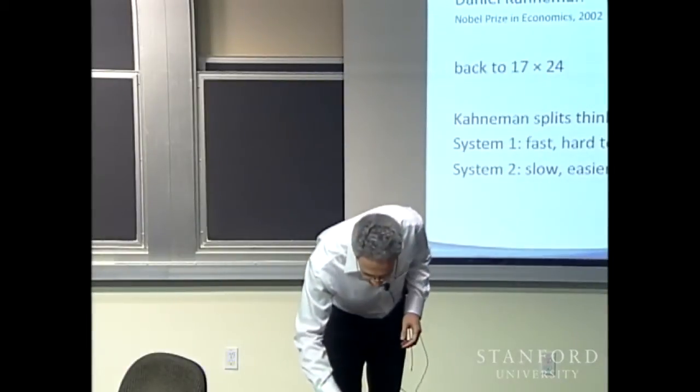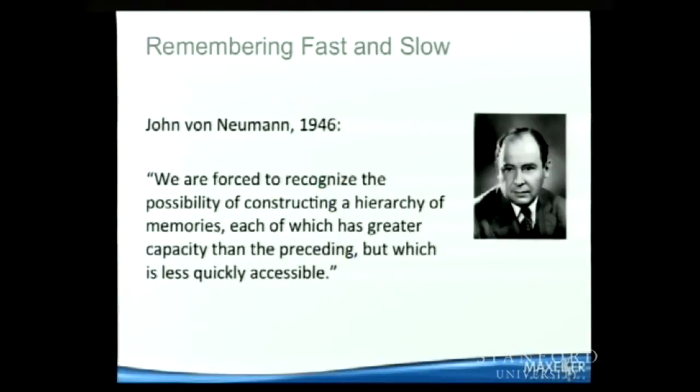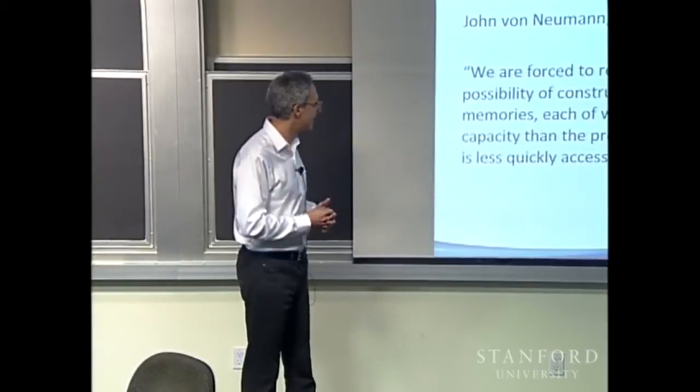So let's just take that as a piece of information, a nice way to think of things. And then I just dug back to one of my favorite statements, and I like particularly how this was written. It says that we are forced to recognize, which really suggests he's not very happy about it, that there's this possibility of constructing a hierarchy of memories, which is going to create pain and suffering for the remainder of mankind.